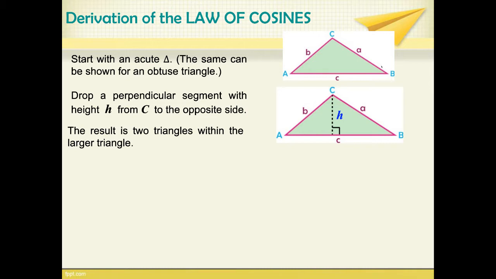Now, the result is two triangles within the larger triangle. So here, this is the first triangle that was formed, and this is the second triangle that was formed.